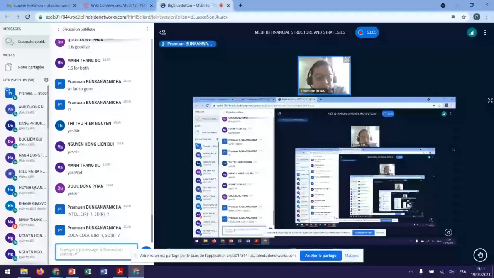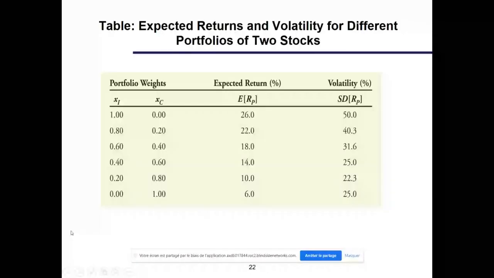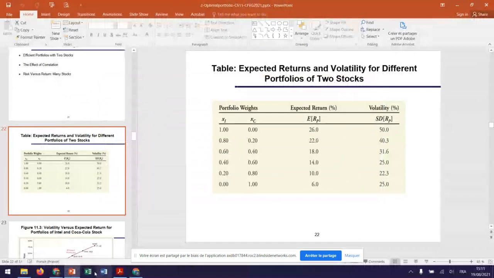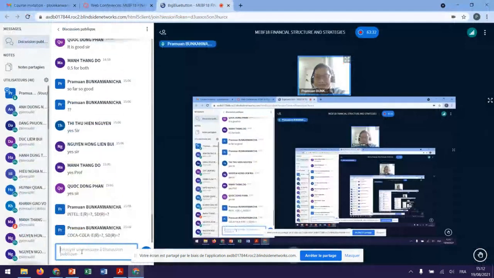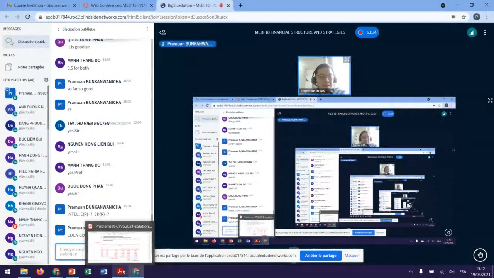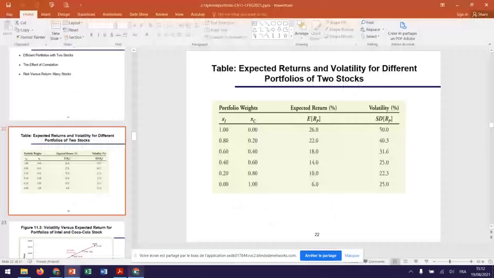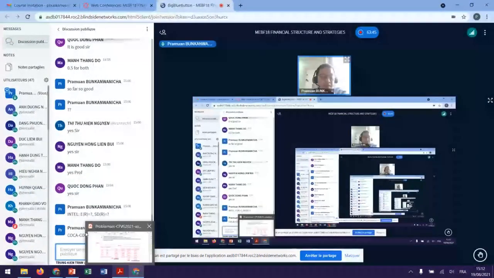Anyone can help me? Can I read from this table? What are the characteristics of Intel stock and what are the characteristics of Coca-Cola stock? Anyone? Do we have this information? Yes, we have. Where can we find this?